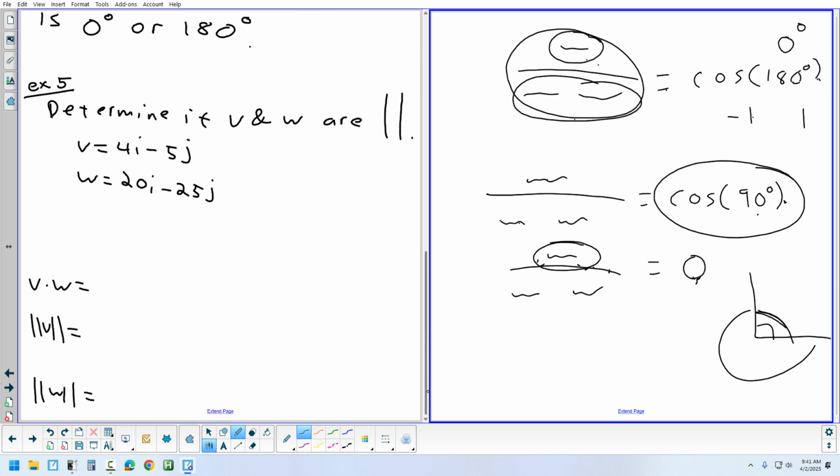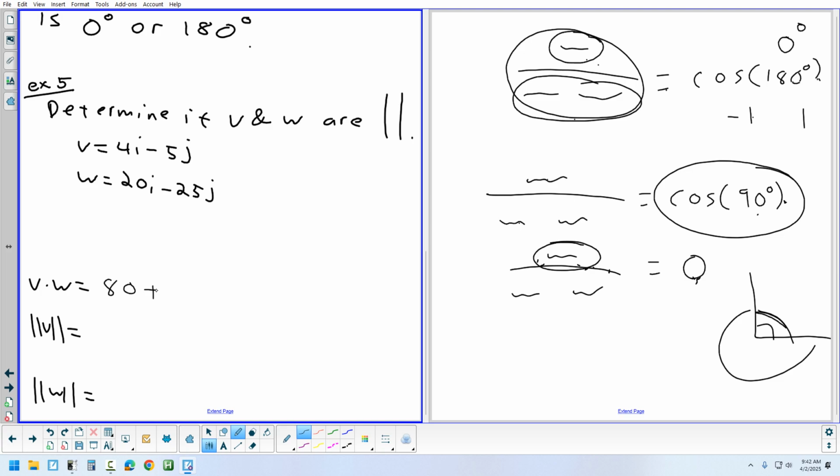All right, so let's try this one. Determine if V and W are parallel. So let's do the dot product. What's 4 times 20? 80. What's negative 5 times negative 25? 125.